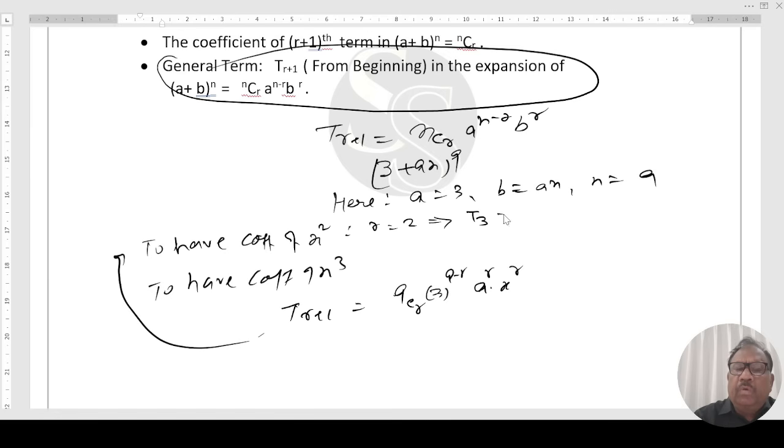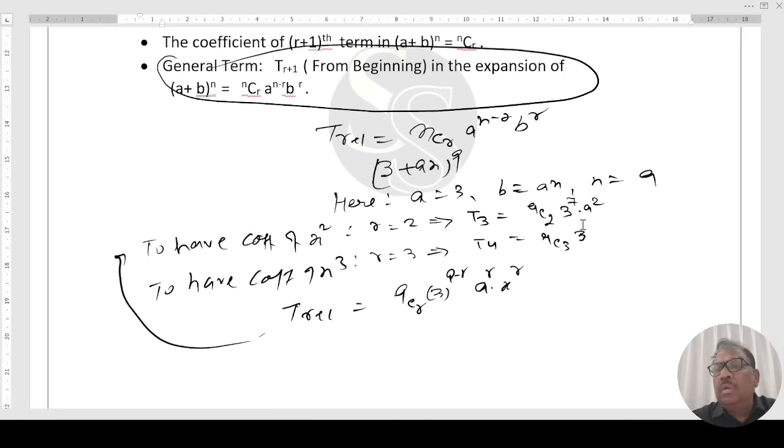The third term will have the coefficient 9C2 3^(9-2) = 3^7 into a^2. To have the coefficient of x cube, r should be equal to 3, that will be the fourth term, 9C3 3^6 a^3 x^3.